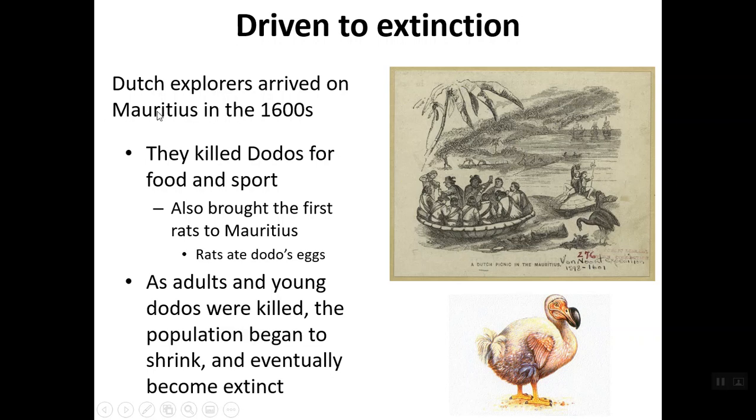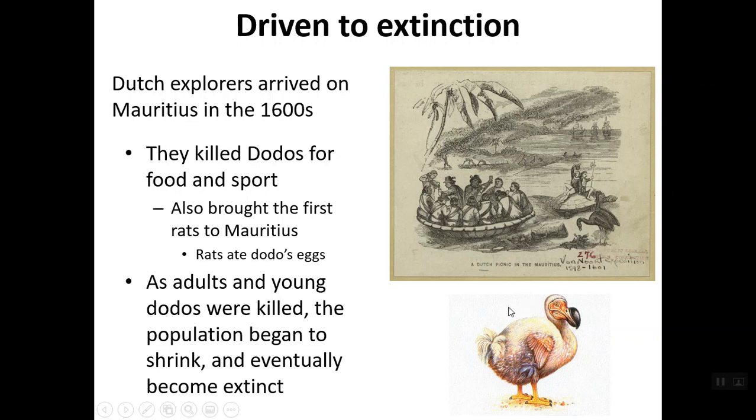For instance, Dutch explorers arrived in the Mauritius Islands in the 1600s, and they literally killed out dodos, which are these giant birds, for several reasons. First of all, with their ships, they introduced rats in Mauritius, and rats were eating dodos' eggs, and of course they were hurting reproduction.